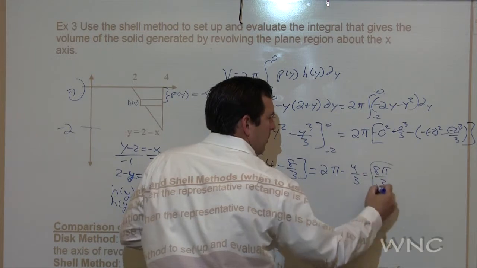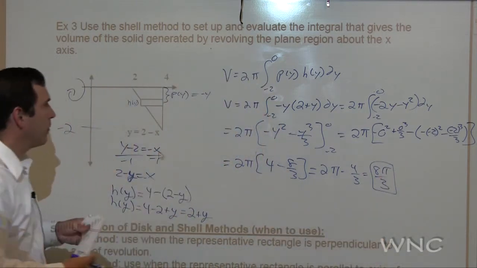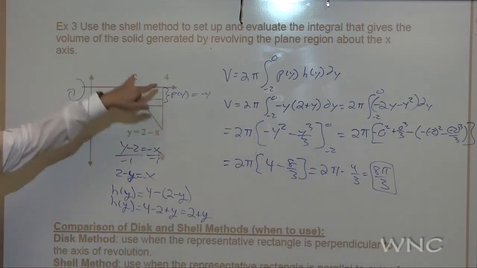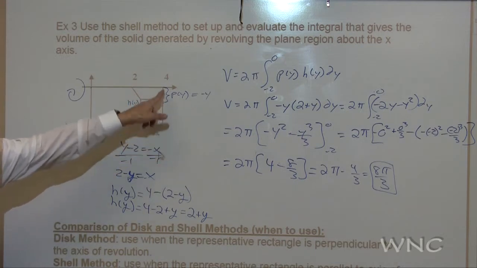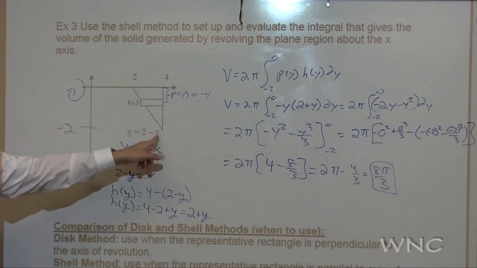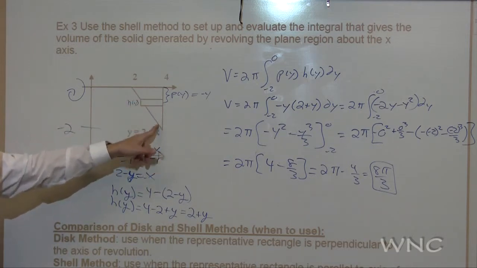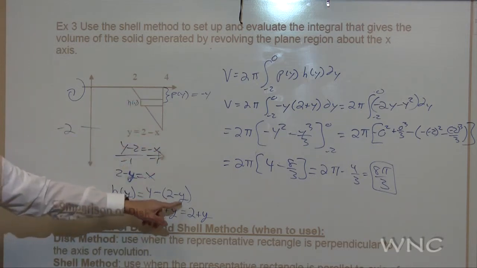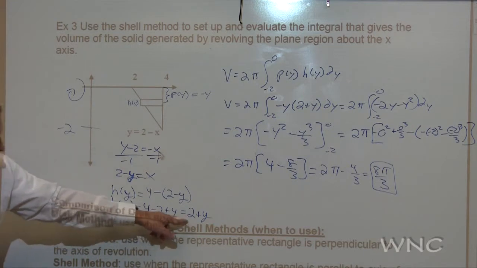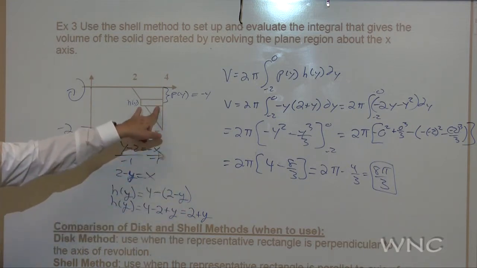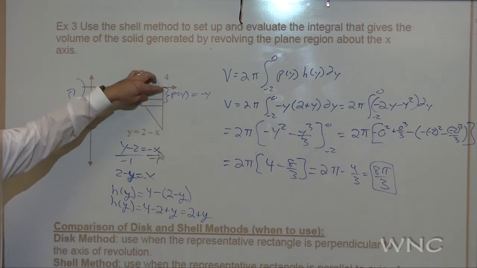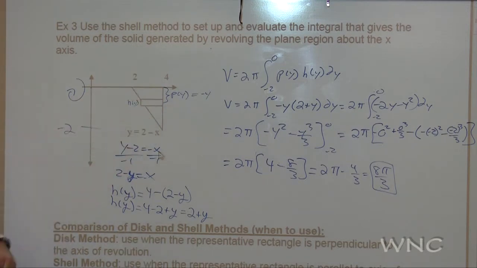Okay, let me just recap that one. This height is going to be this side minus this side. That's 4. This side over here is 2 minus y. That's why it's 4 minus the quantity 2 minus y. It's 4 minus 2 plus y, or 2 plus y. It's our h of y. P of y is negative y because it's going out in the negative direction.